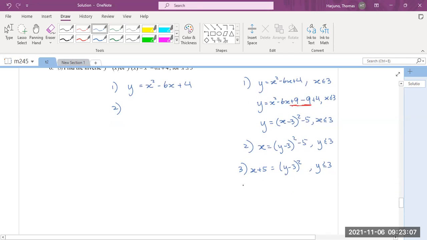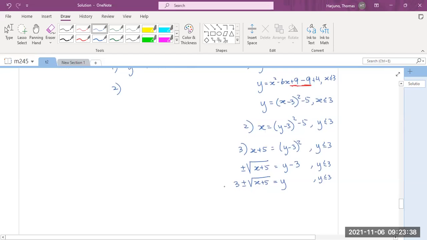When I take the square root, it becomes plus or minus the square root of x plus 5 equals y minus 3. So 3 plus or minus the square root of x plus 5 equals y. But don't forget y has to be less than or equal to 3, right?